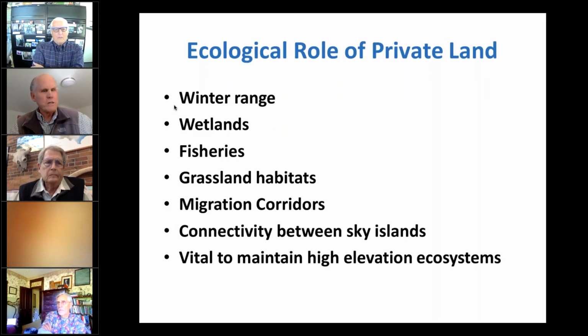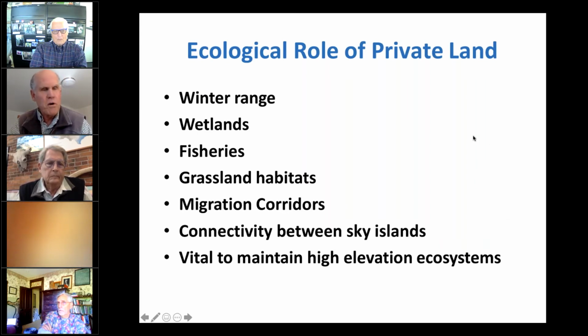But of course, these lands, as all of you very well know, perform tremendous ecological functions, not just ecological services for us, but for the ecological systems themselves, and the connectivity, the sort of circulatory system, the musculature of the state. How do we link high elevation with low in a time of climate change?